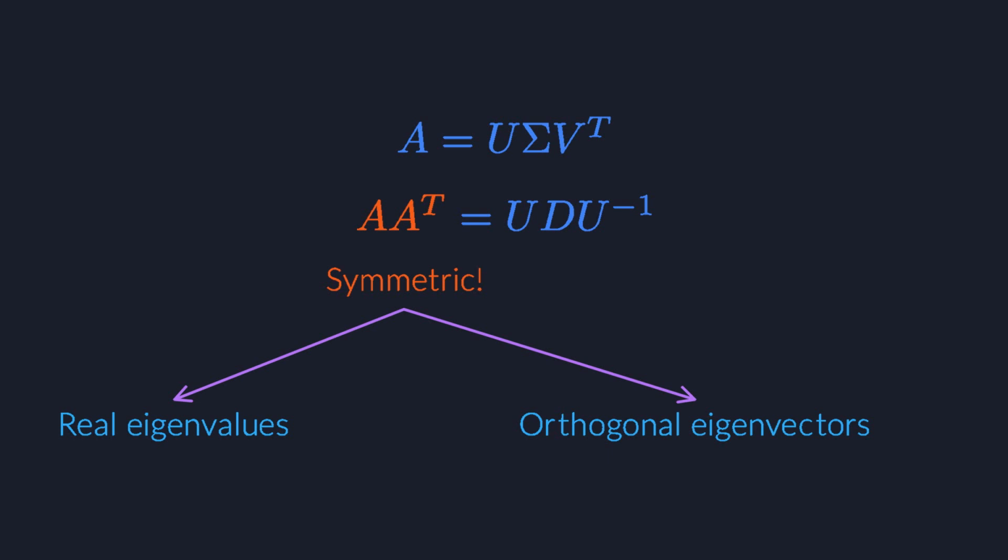You can find the proof in this video linked in the description. The point is that the eigenvectors of A transpose A are orthogonal, so we can then normalize them to make them orthonormal. When we put them in the columns of our basis change matrix, the matrix automatically becomes an orthogonal one. That's why U and V are always orthogonal. This is one of the many ways in which symmetric matrices are incredibly nice to work with.